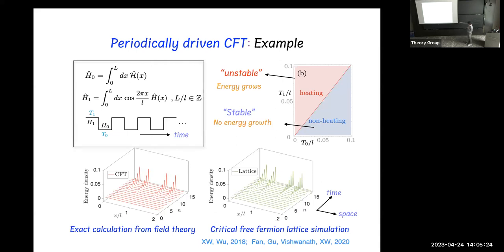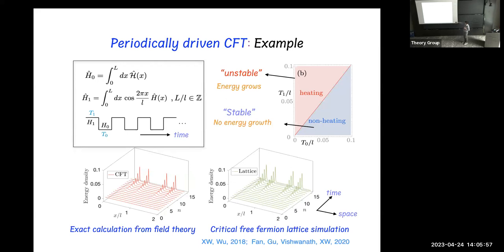if you study the energy density evolution, what I show here is that this direction is the space direction, and this direction is the driving number. So here n is the number of drivings. We drive the system with 1 step, 2 steps, 3 steps, and so on. As we drive the system in time, we find that the energy density will be accumulated at some very special points.